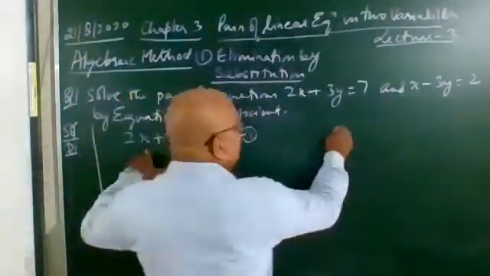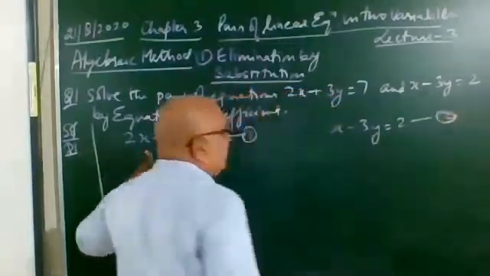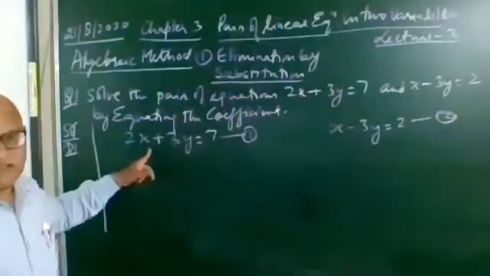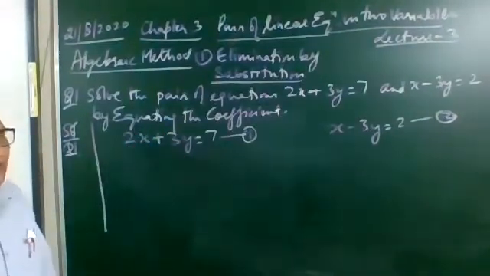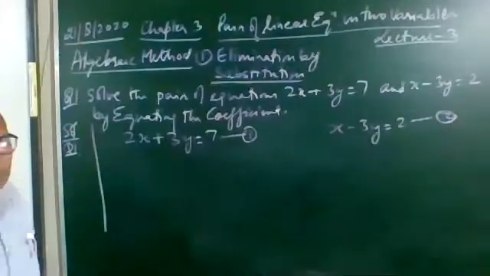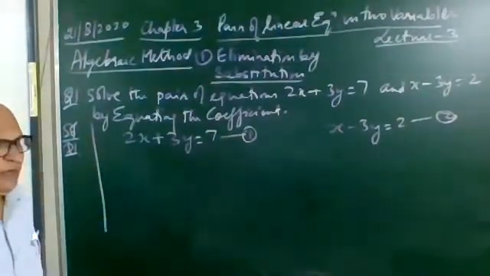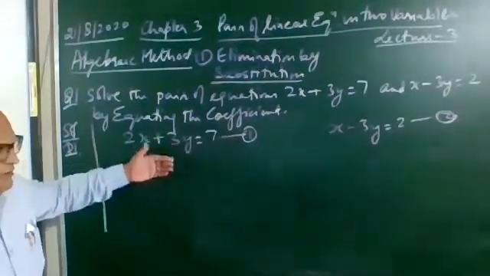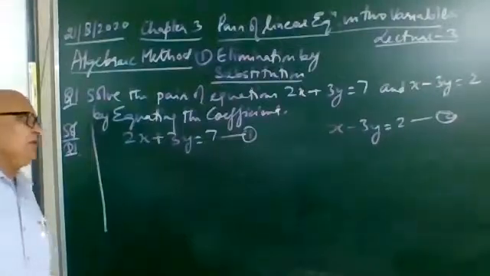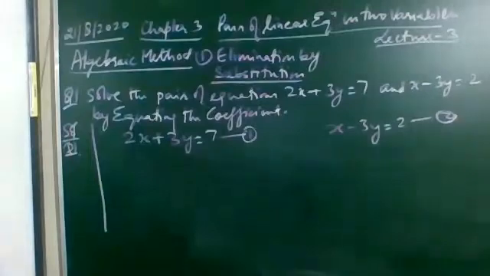Second equation, x minus 3y equal to 2. I am not writing one below the other. Sometimes what happens, when we are equating, we have to copy down again, so don't waste your time writing one equation below another. So 2x plus 3y equal to 7, x minus 3y equal to 2.